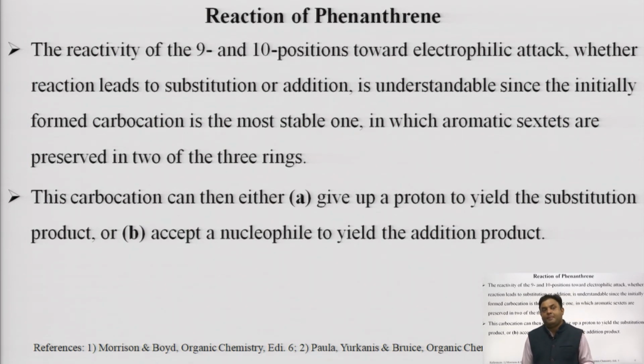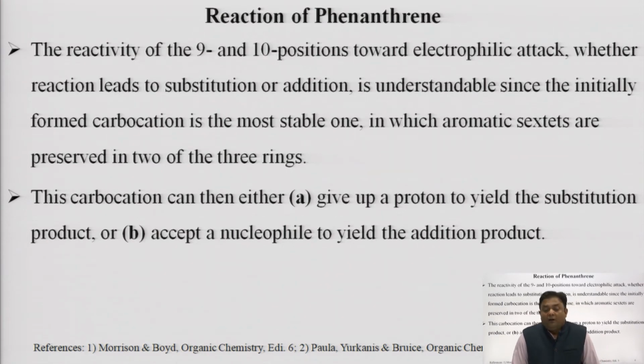Again, we know that the stability of a carbocation can be checked on the basis of certain parameters. First of all we see whether it is tertiary, secondary or primary. All of you know that tertiary carbocation is more stable than secondary, than primary.